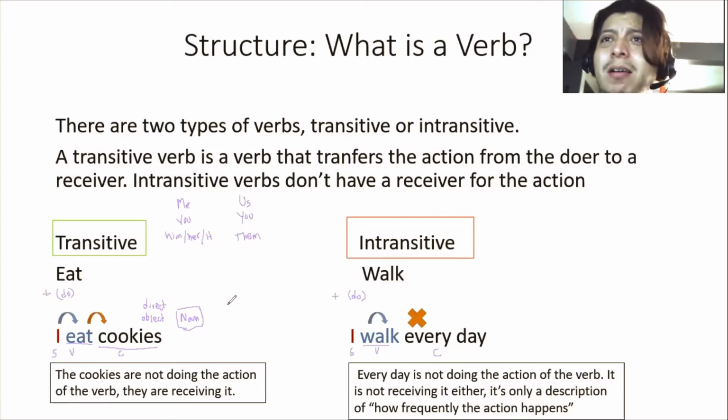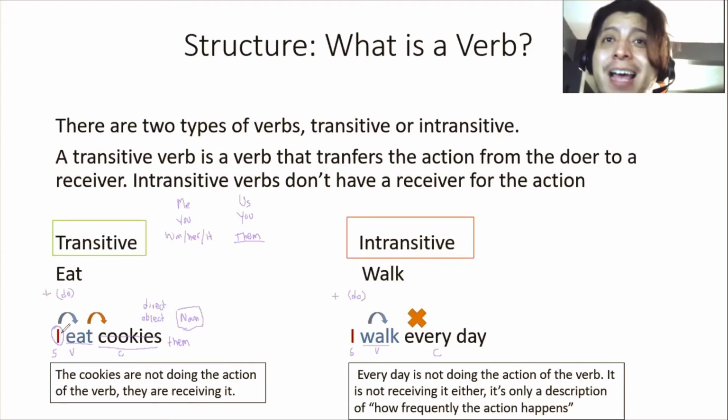These are the pronouns. So instead of cookies, we can replace the cookies and use them because it's plural. I eat them. What is a direct object? A direct object is a noun, is a thing, but it's not the thing doing. The person doing the action is the subject, and we use personal pronouns like I, you, he, she, it.